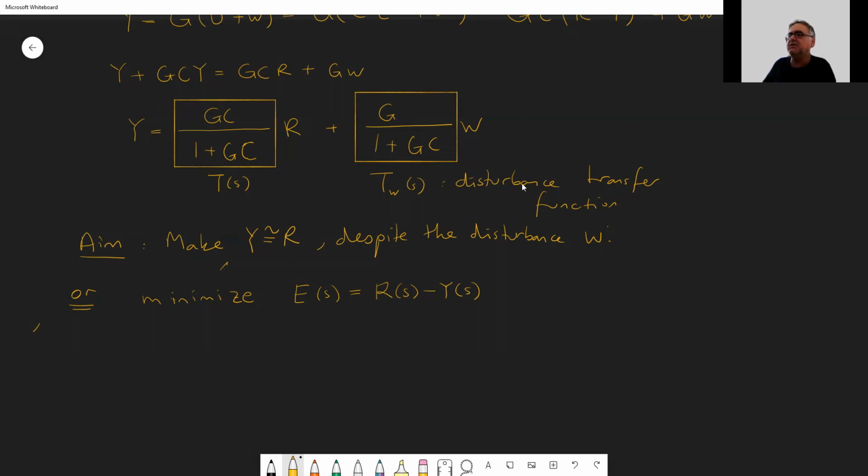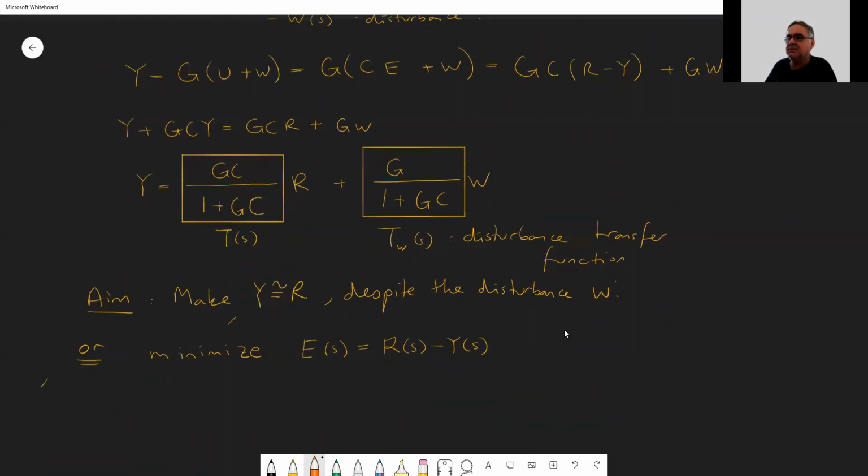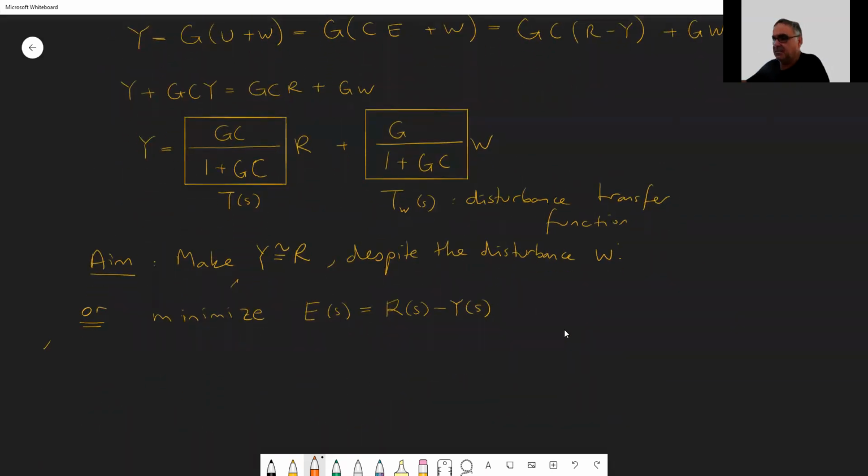What does this mean? The error, as you remember, is this thing. This is the error signal. We try to minimize this error, and this takes into account the disturbance as well.